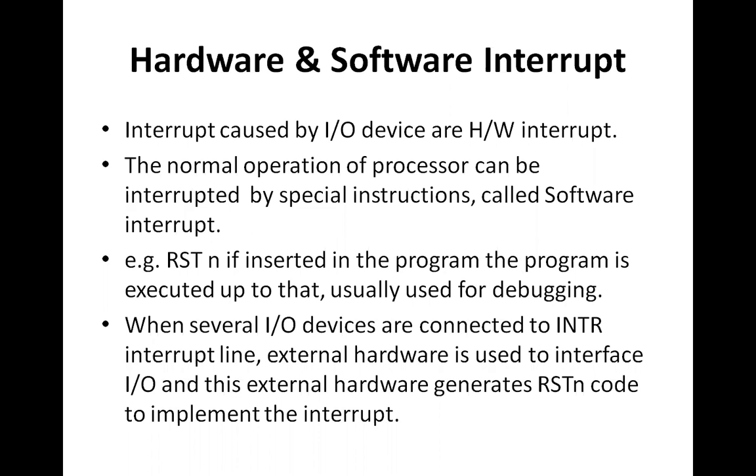When an RST instruction is inserted in the main program, the program executes up to the place where the RST instruction is written. And when it executes the RST instruction, it will not execute the normal sequence. It will switch over to a certain subroutine that is called the service subroutine, which is written somewhere in the memory. And for each RST instruction, there are certain memory locations where the individual instructions are written.